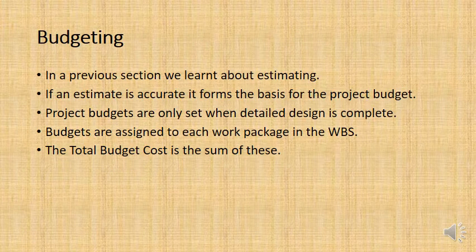So what is budgeting? Well, remember in the last section we learnt about cost estimating. When you are doing an estimate, you do a series of estimates through the life cycle of a project, but the final estimate, the most accurate estimate, becomes the basis for your project budget.